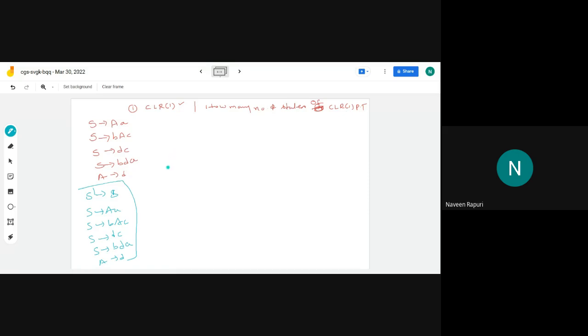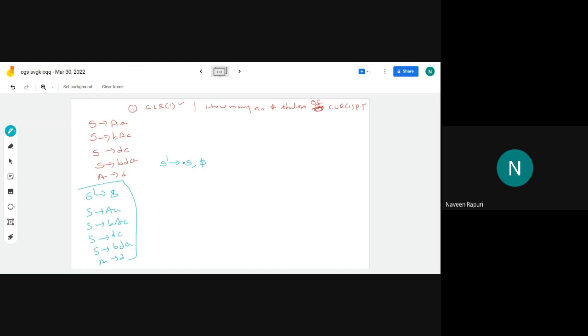After getting it, we try to write the LR1 items of the DFA. We start with S dash derives dot S. Here it is the start symbol, that's why we are using dollar as the look ahead symbol.